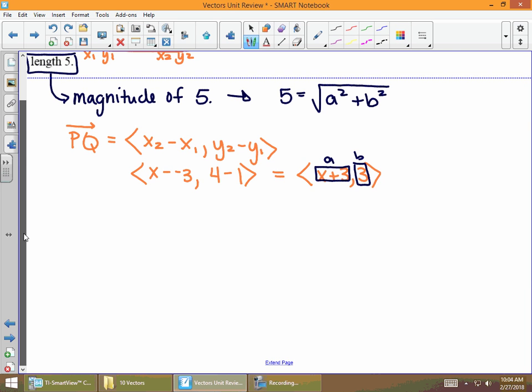So I'm going to use this equation, 5 equals square root of A squared, but instead of A, I'm going to put in X plus 3. And instead of B, I'm going to put in 3. So a problem like this is missed very frequently on the exam and on the unit test because of these two pieces.